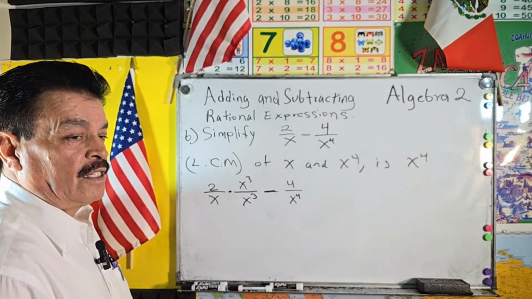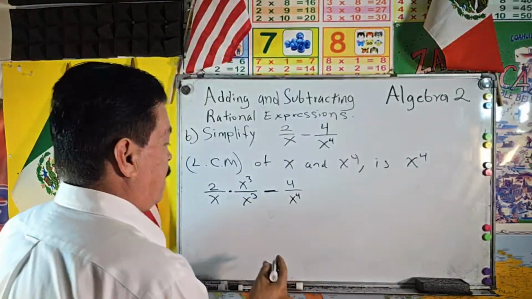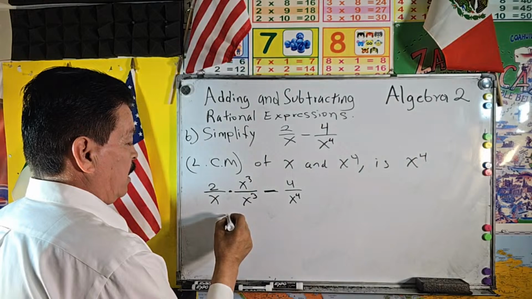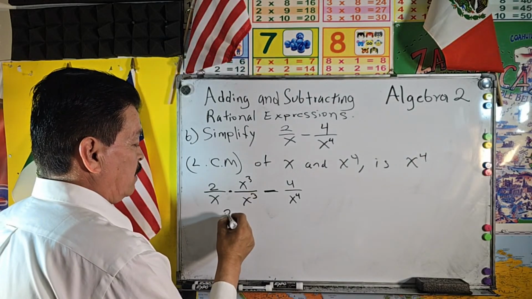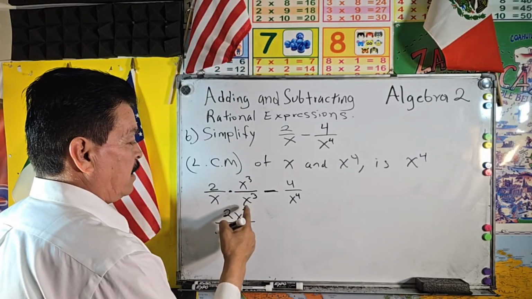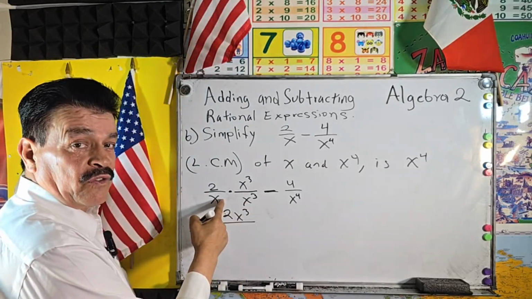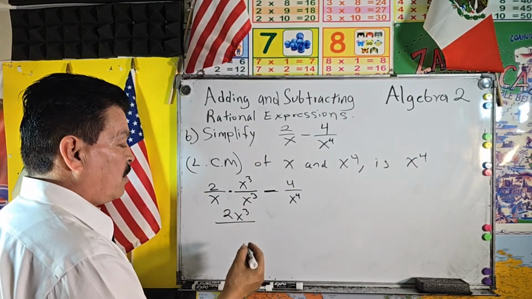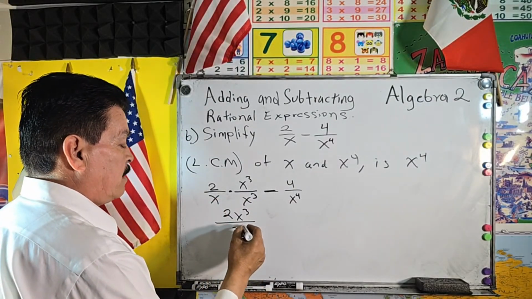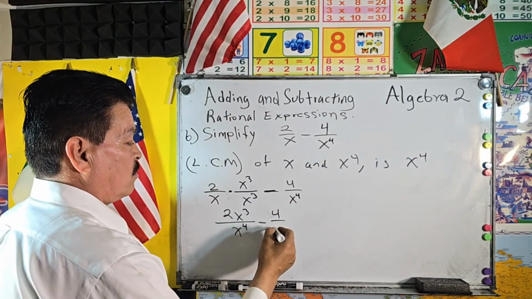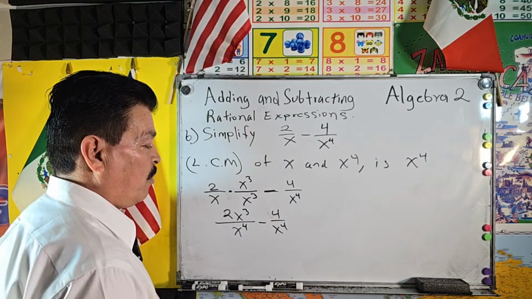Next step, multiply this. 2 times x cubed is 2x cubed, and then x to the first power times x to the 3rd power is x to the 4th power, right? Minus 4 over x to the 4th power.